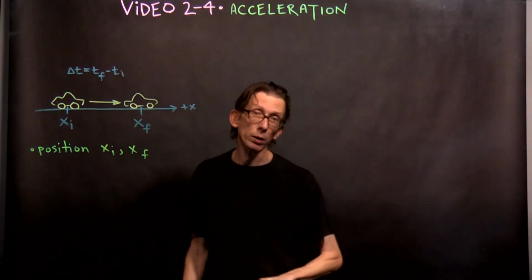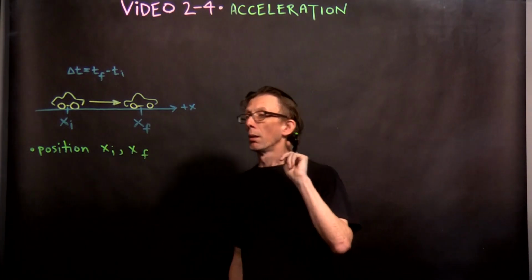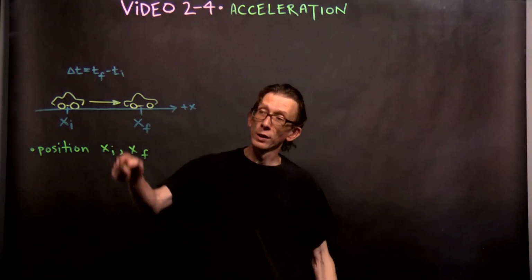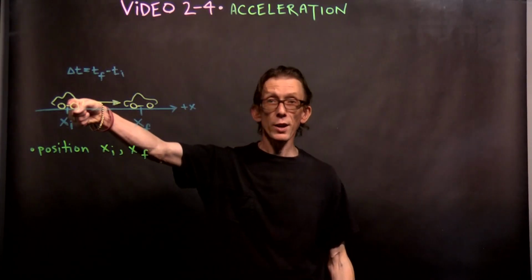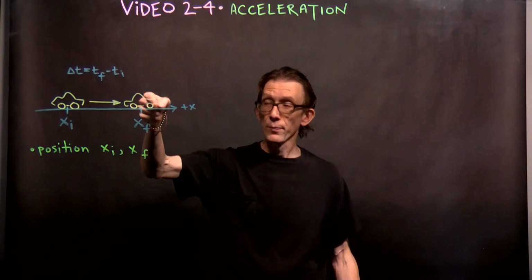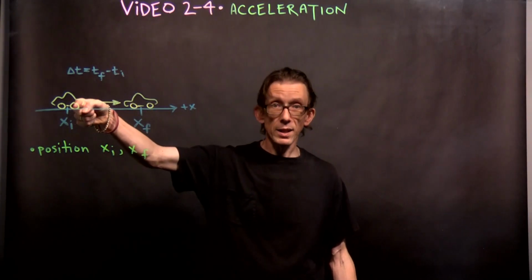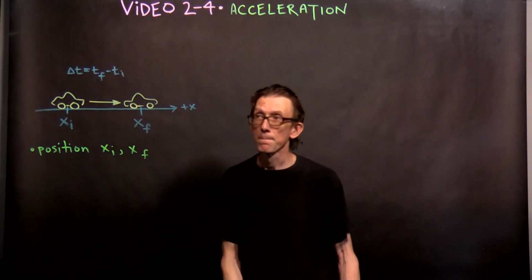And you'll recall, because you're alert, that F stands for final, I stands for initial. So the car's initial position is here, and then over some time it moves to this position here. X sub I is its initial position, X sub F is its final position.